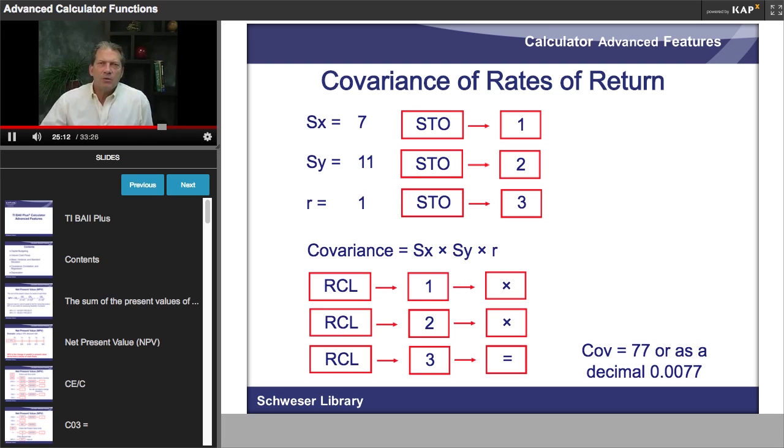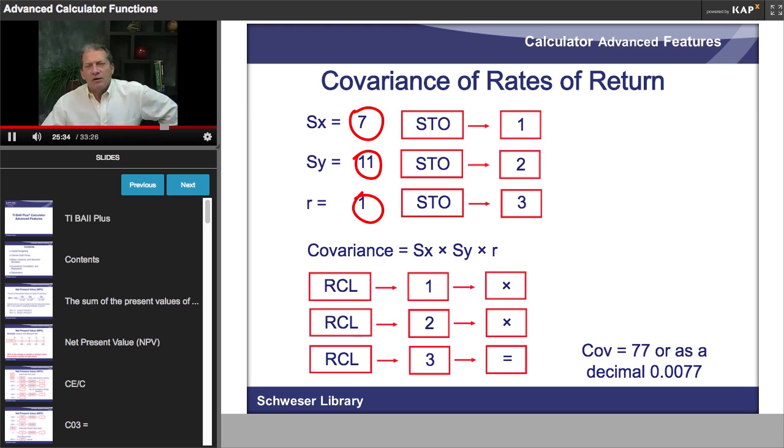So we've got the Sx is 7. Sample standard deviation of x is 7. Sample standard deviation of y is 11. We were given a correlation. We had perfect positive correlation for x and y and come up with 1.